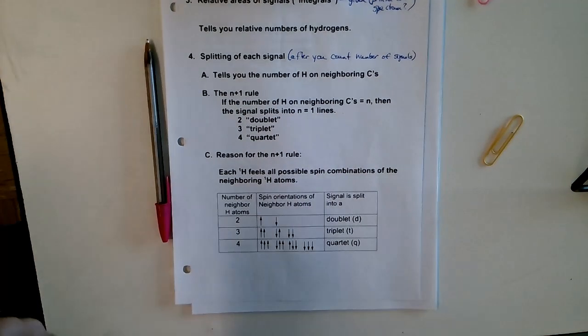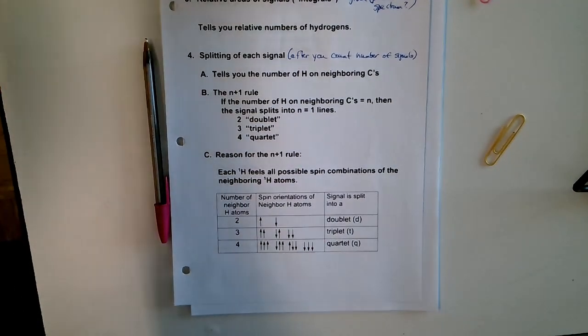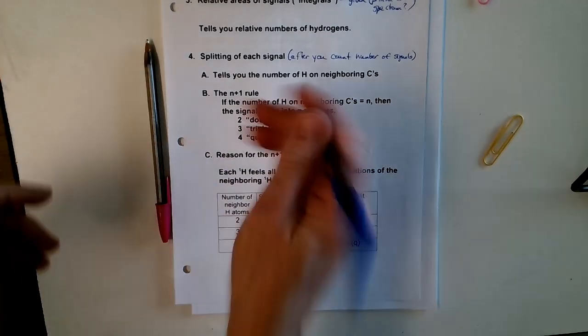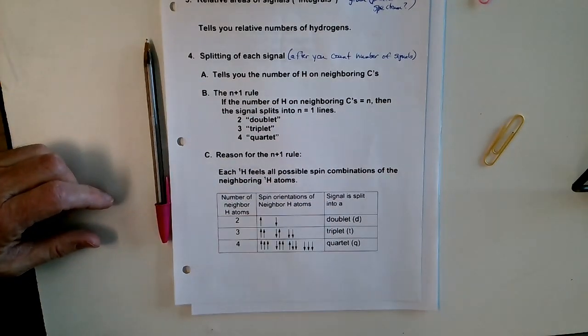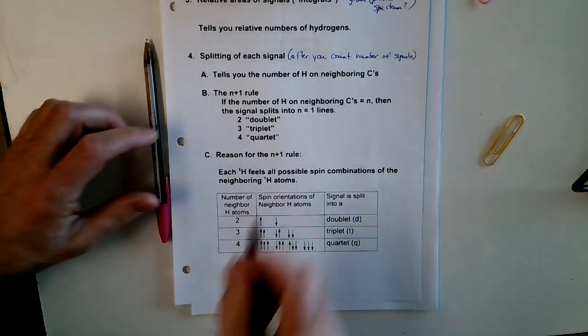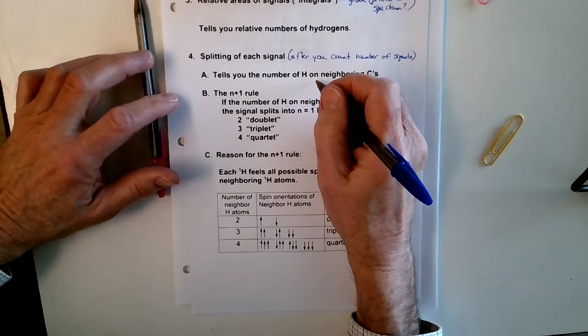And it literally looks like somebody took a hatchet to a signal somewhere in the spectrum and just went whack, whack, whack, and split it, literally. So that's why it got the name that it did. And there is one piece of information in the splitting, which is the number of hydrogens on neighboring carbons.